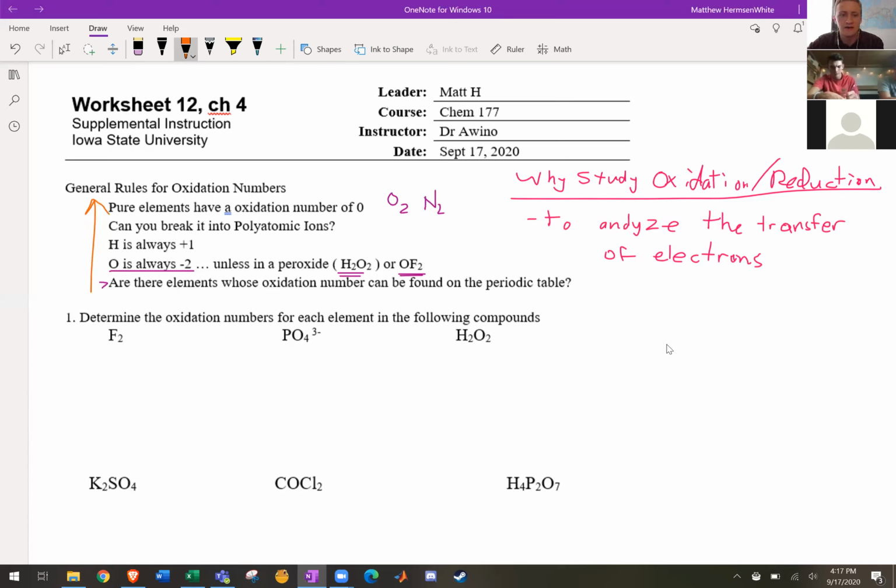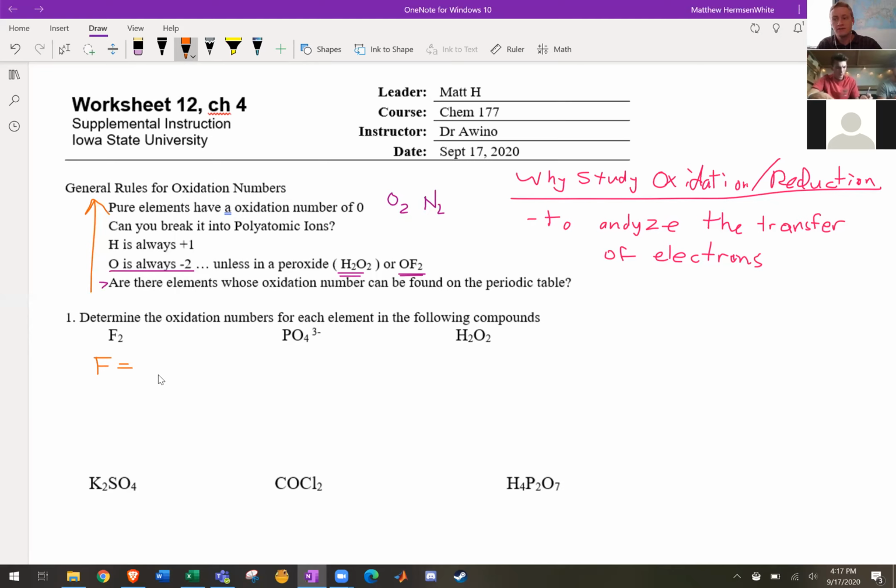Okay, great question. So let's work on a few here, and then I will let you have some time to go at it yourself. Now F2, so what we're going to do is find the oxidation number for each fluorine. I'm going to say F equals, and here I'm going to put the oxidation number.